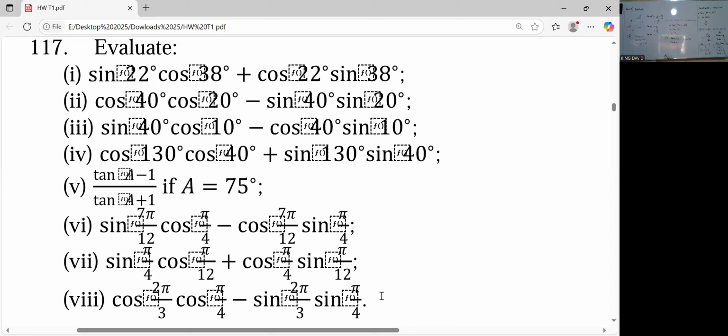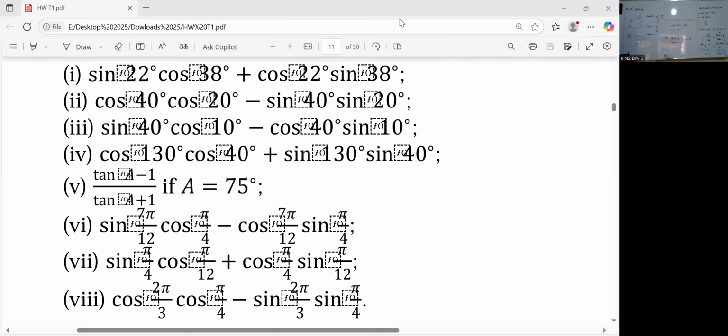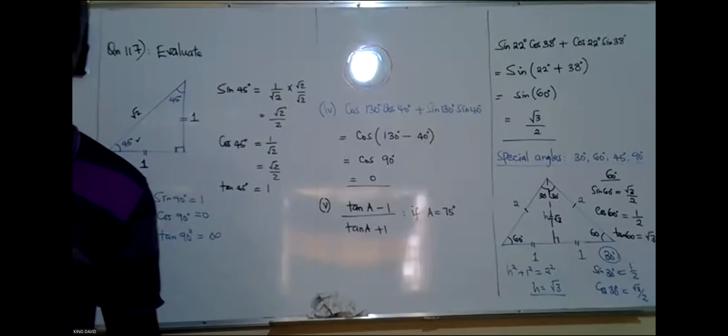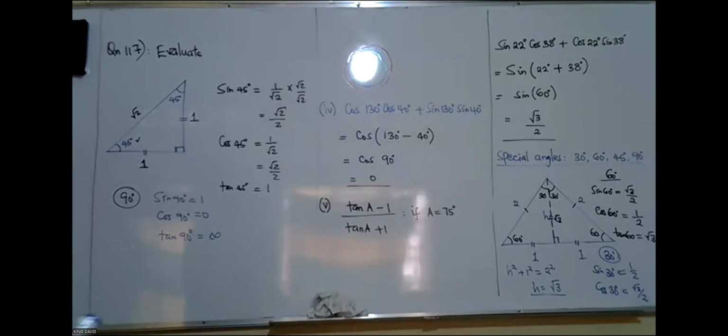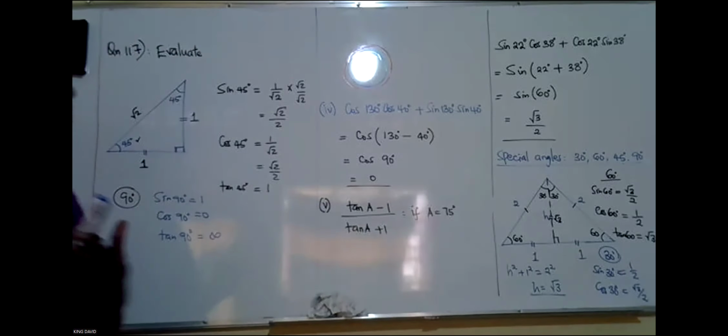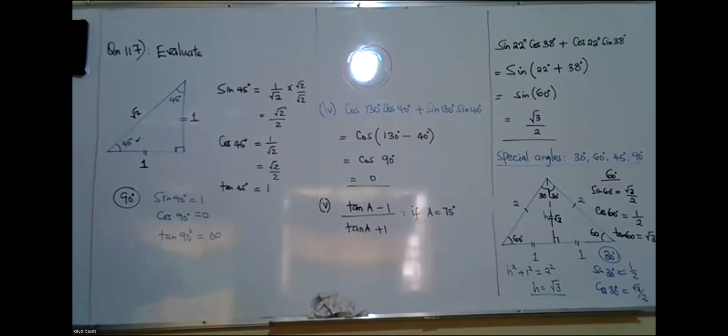If A is 75 degrees. So we already know, okay, let me get some suggestions. What do you think we are going to do here to evaluate this? Tan A minus 1 out of tan A plus 1.